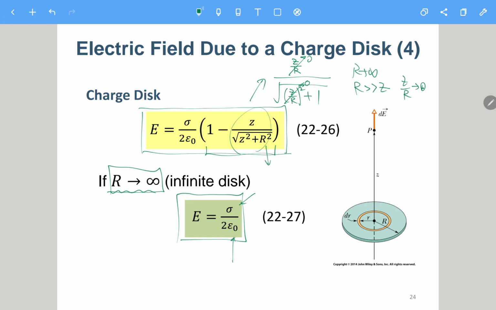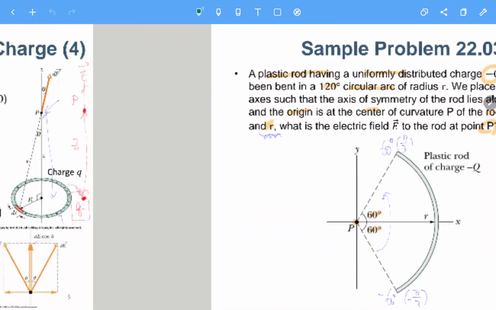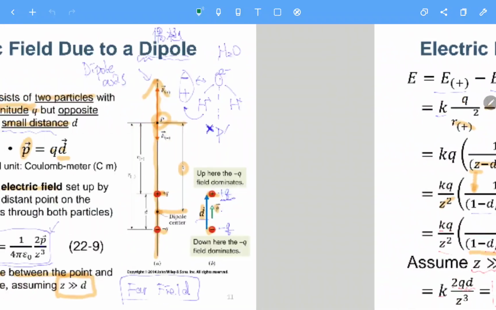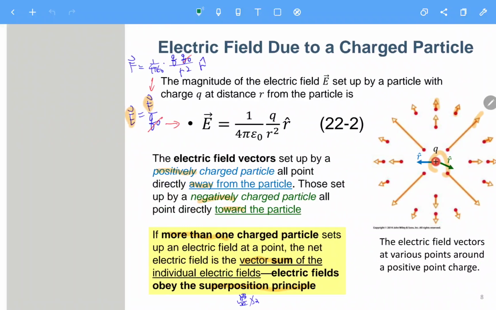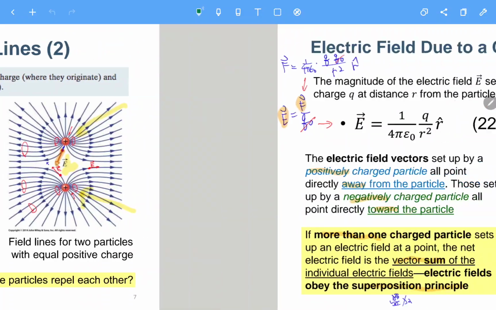This is what we got at the very beginning. So if we have a very, very large charged plate, whether it is a very large circle or a very large rectangle, nothing is different. A very large charged disk will generate a uniform E field over the space.